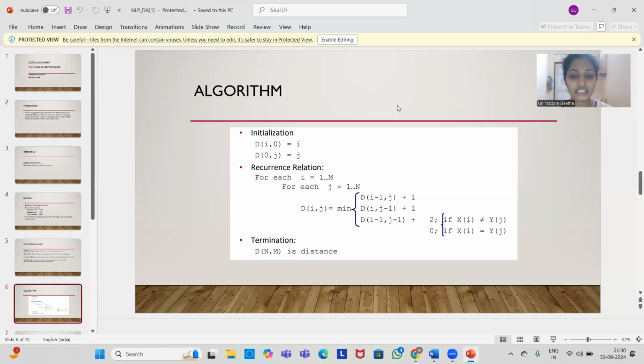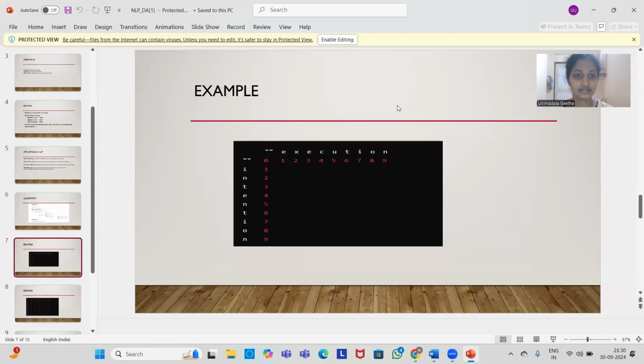Recurrence relation: for each i = 1 to m and for each j = 1 to n, the minimum edit distance D(i, j) is the minimum of D(i-1, j) + 1, D(i, j-1) + 1, and D(i-1, j-1) plus either 2 or 0. 2 is used if x(i) is not equal to y(j), and 0 is used if x(i) is equal to y(j). Termination: D(n, m) is the distance.